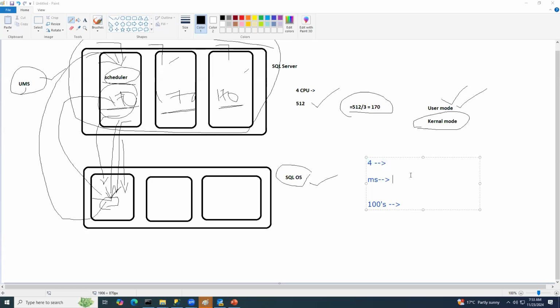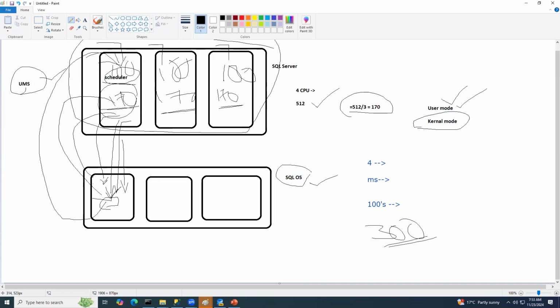Let's say you have 4 CPUs and around 300 queries. Let's take this example: 300 transactions that you are executing, individual transactions. Let's say here 100 threads, here 100 threads, here 100 threads, right?